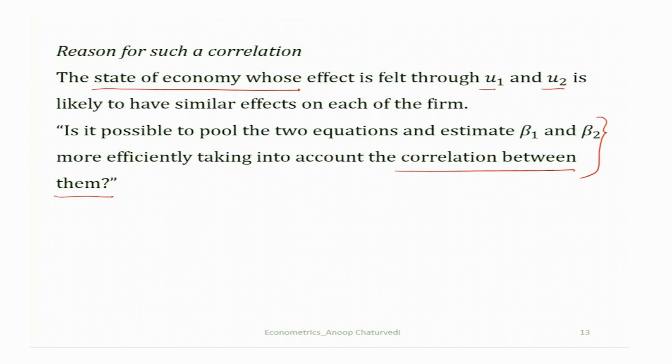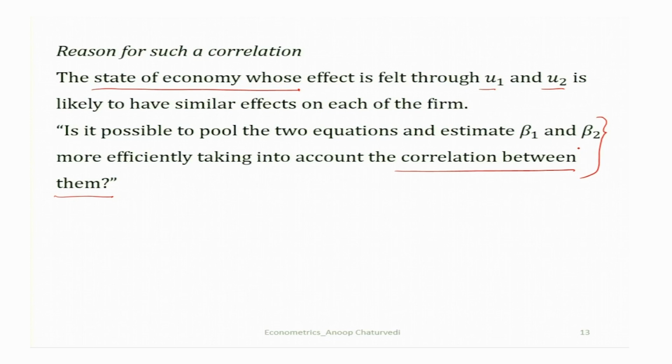Correlation between them means that after pooling you expect that while estimating beta 1, you are also utilizing any information about the first equation, the model for TCS, contained in equation 2 also. So, for the first equation you may have some information in the second equation also.